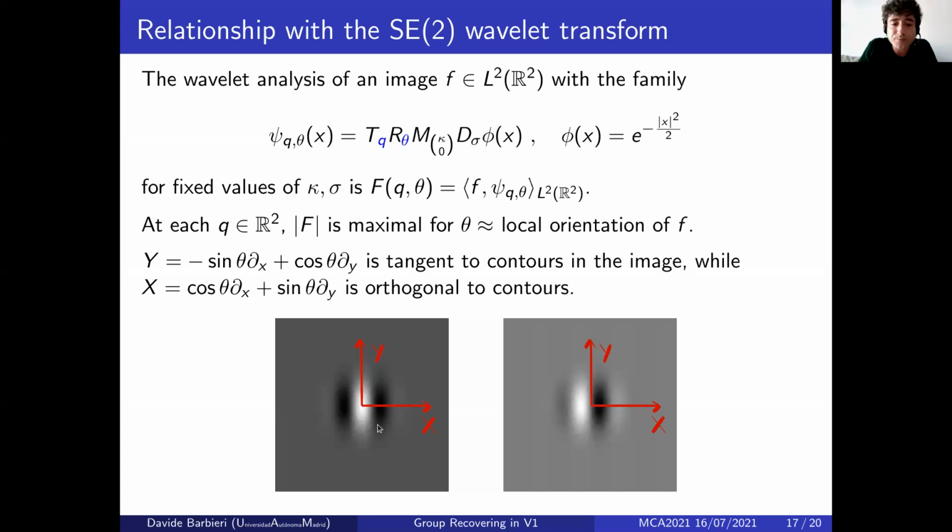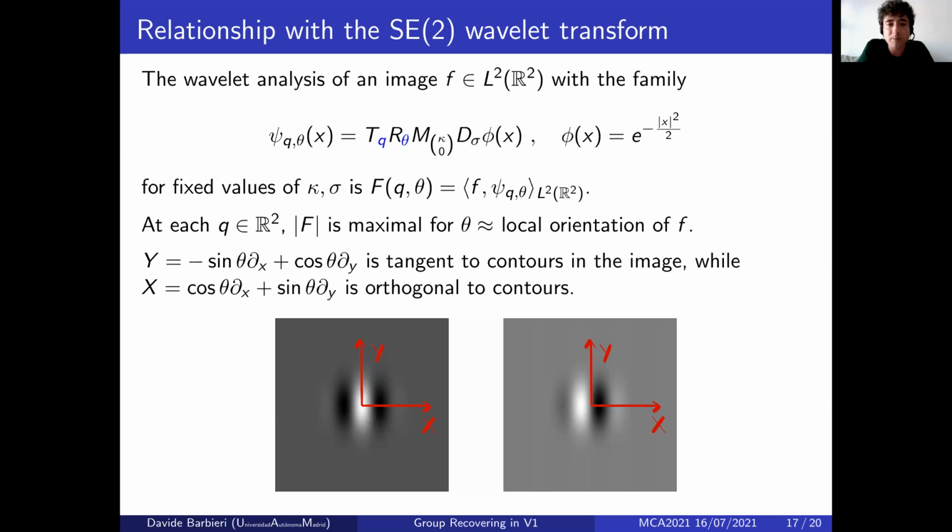So we have two different interpretations: y is the vector along the edges in the wavelet domain, and x is the vector orthogonal to the edges.